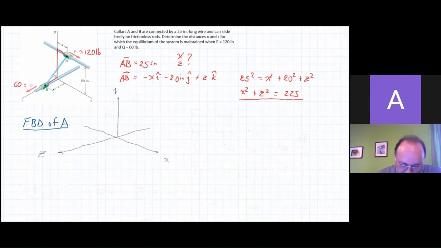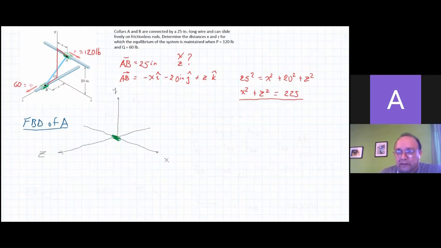Then let's put the collar at A here. This is going to be the particle that we are going to study. This is the collar at A that slides on the rod that is oriented in the x direction.